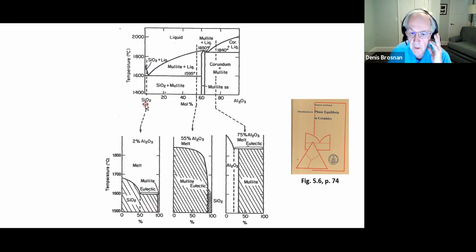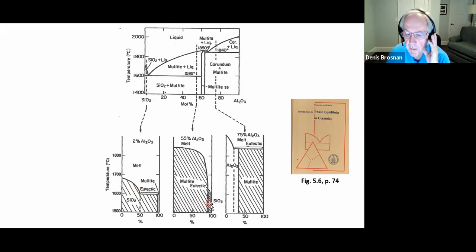Now you can look at this from the standpoint of heating. As we heat up silica and mullite, then we're going to get our first liquid formed up here at the solidus temperature. And we see that temperature right here. The same is true of 55% alumina.